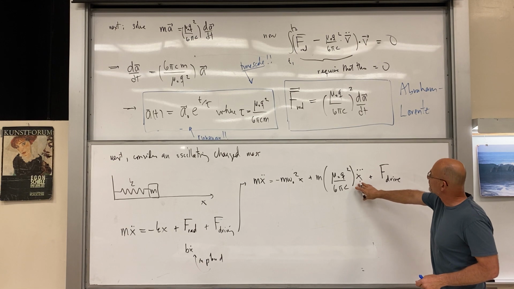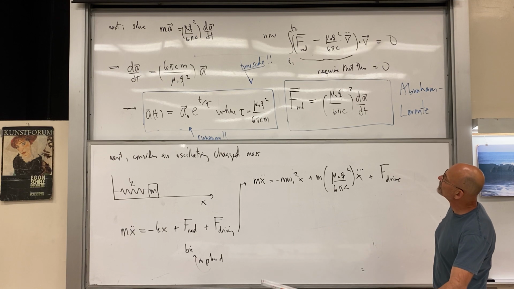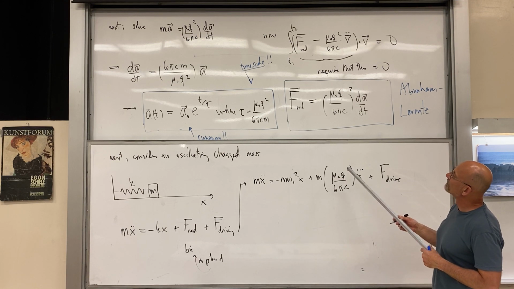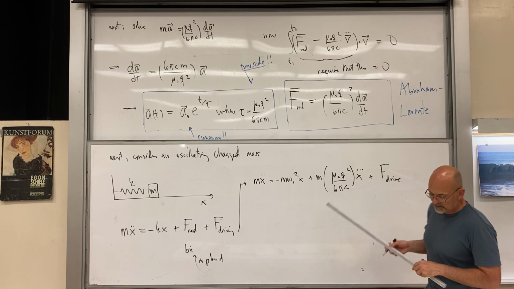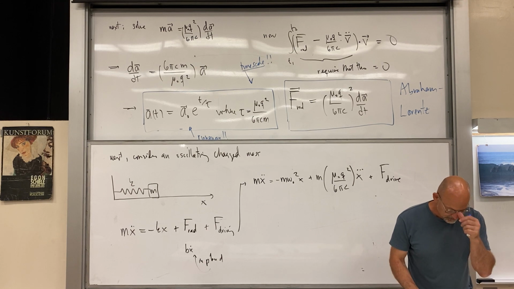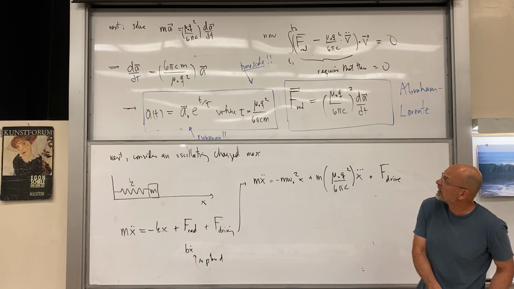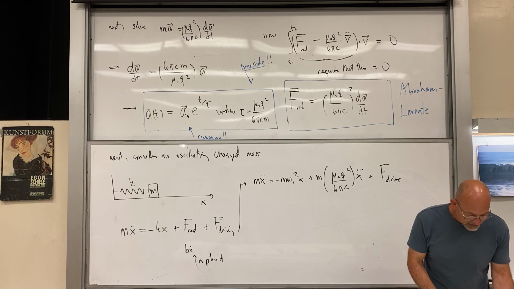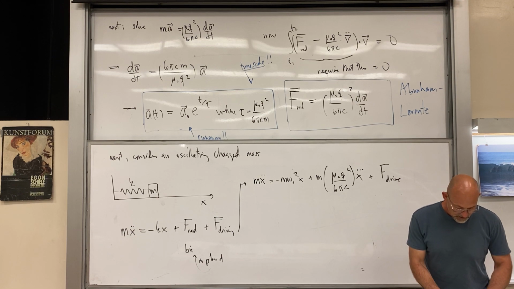So that looks a little bit different than what we've had in the past. Am I missing a mass up there? No, we're good. 6 pi c. Okay.